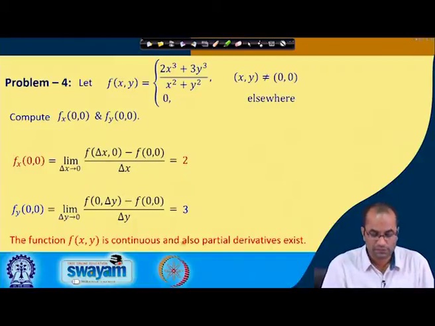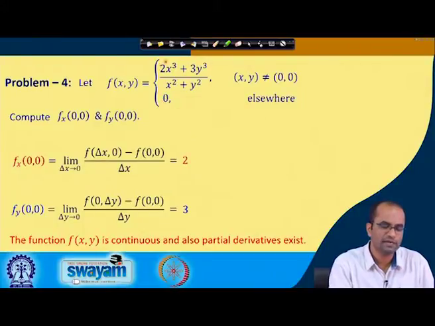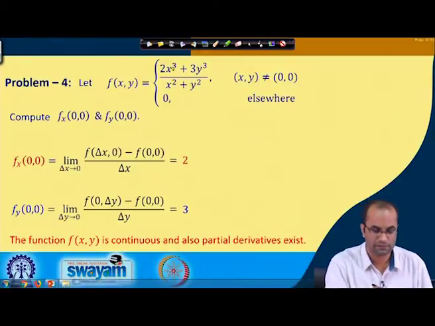The function is continuous and also partial derivatives exist, because in this case we can easily prove that the partial derivatives exist, and we have already done this in previous lectures.